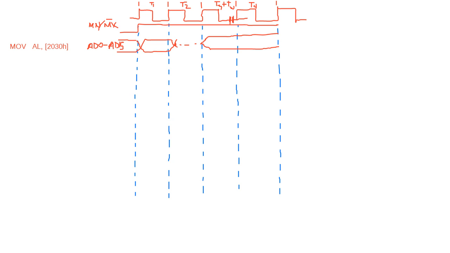So that means at A0 to A15, and then it is for D0 to D15. So here it is a float mode, floating condition.